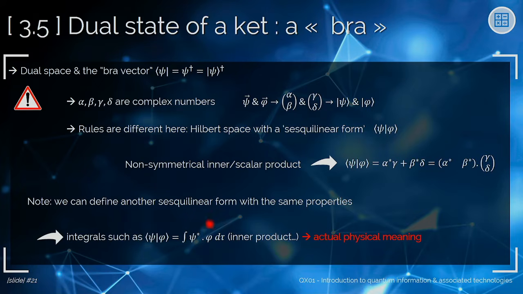This actually has a physical meaning. It's still an inner product, with all the same properties I just mentioned with the dagger and the transpose, but in integral form. To go from here to there is basically to go from quantum computing science to quantum physics, because the physical meaning of quantum physics is given in this representation, as we will see later on.